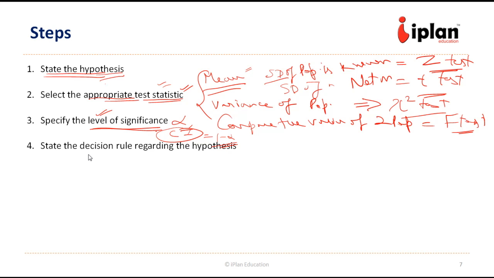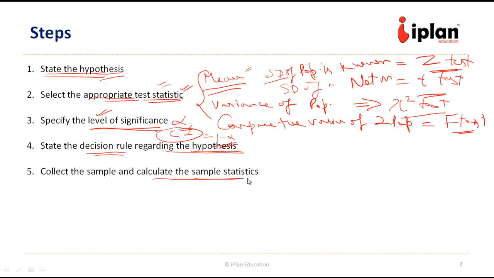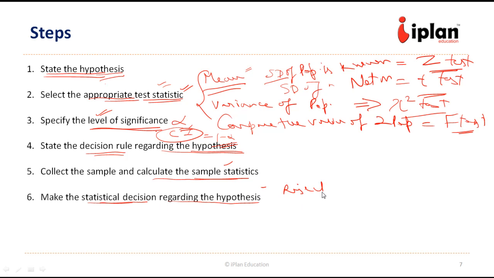Then we describe the decision rule regarding the hypothesis, how we are going to select or reject. Then we collect the sample and calculate the test statistic. And then finally we make the statistical decision regarding the hypothesis, whether we can reject the null hypothesis or we do not have sufficient evidence to reject the null hypothesis.